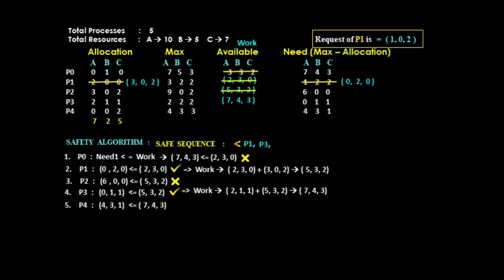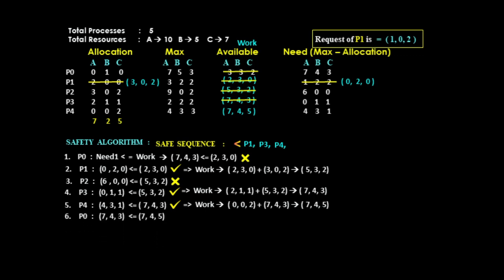Now we will move on to the next process, which is P4. Its need is only 431, but we have the number of resources 743, which is greater. Therefore, it is also valid and we are changing the work value to 745. And the process P4 is inserted into the safe sequence.